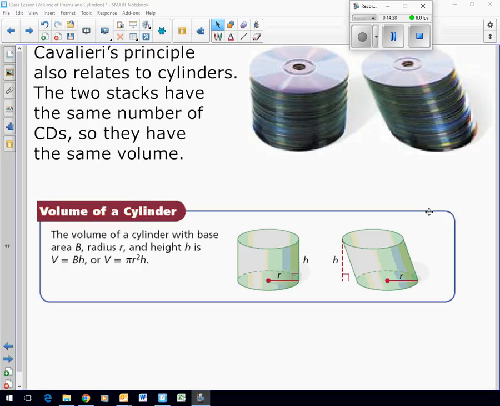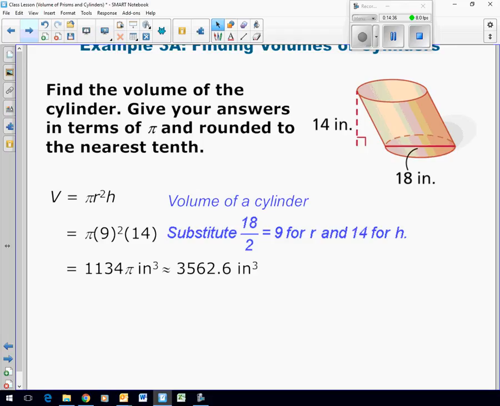Alright. Right here. Find the volume of the cylinder. Wait, what? I thought it was just a desk I was sitting on, like his marker board. That's awful. Hurting.